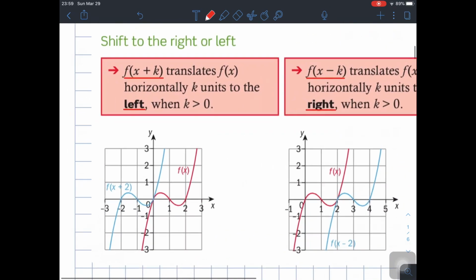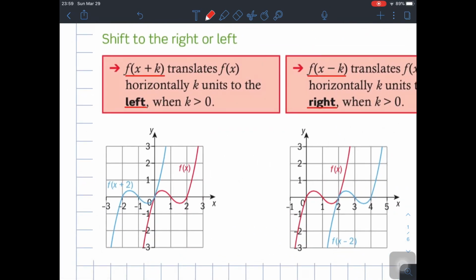So, same thing for this case. If we say f of x plus k, we're translating the function to the left. So, for example, this is the original function. F of x plus 2 would make all of the points translate 2 units to the left, right? So we're moving all of the points to the left.